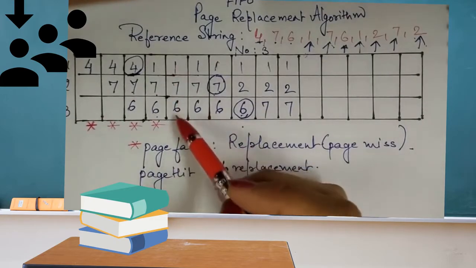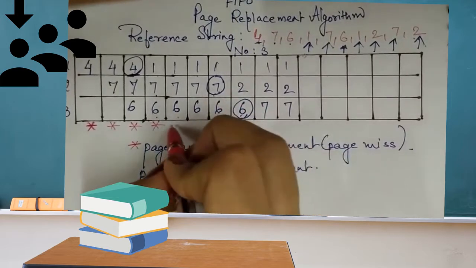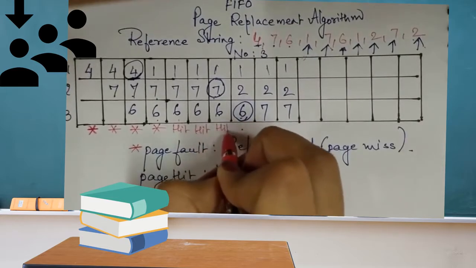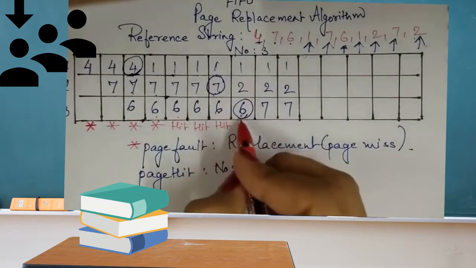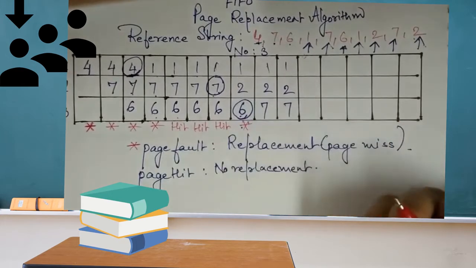But if you can see here, no replacement was made here, here and here, so we say that this is a page hit, wherein no replacement was made. Now here you can see that we have made a replacement, so this is a miss.